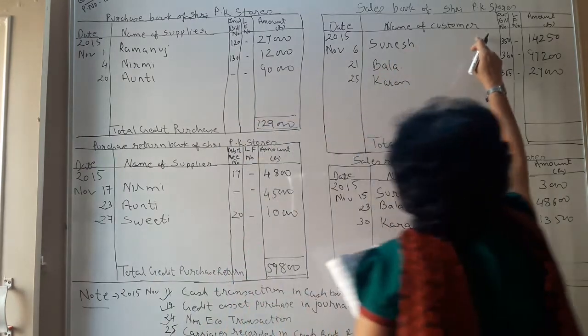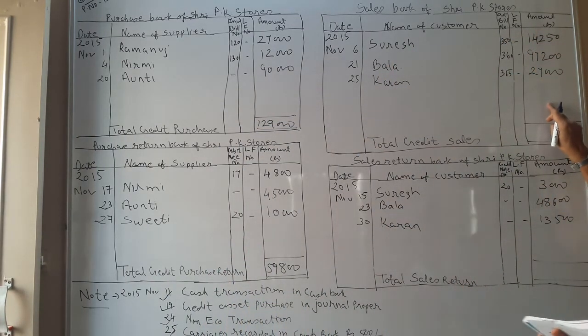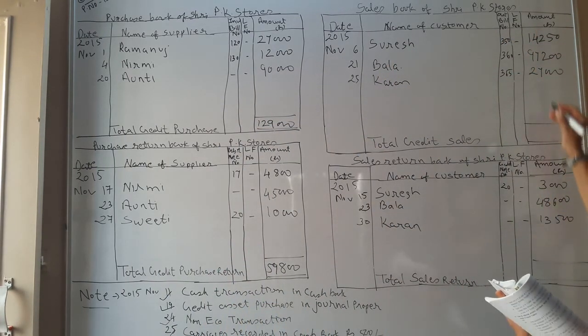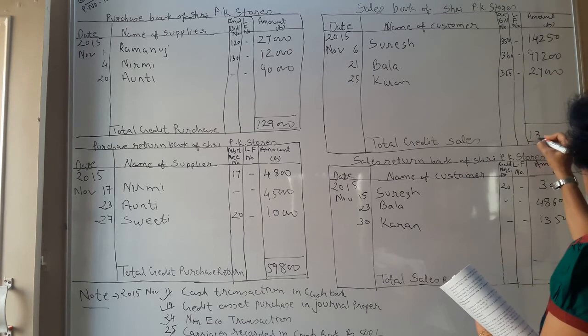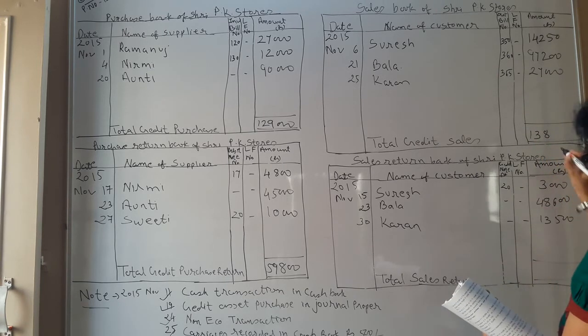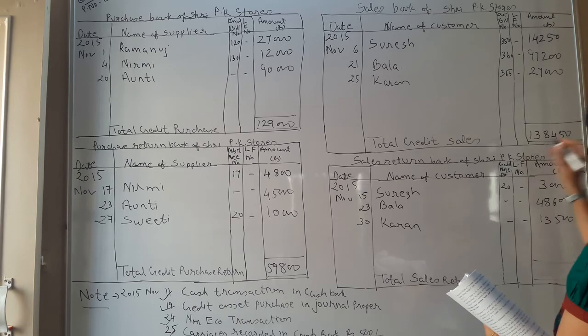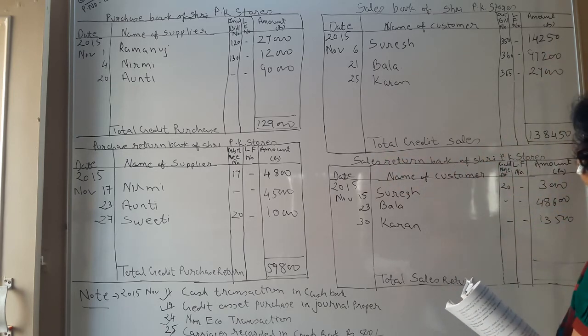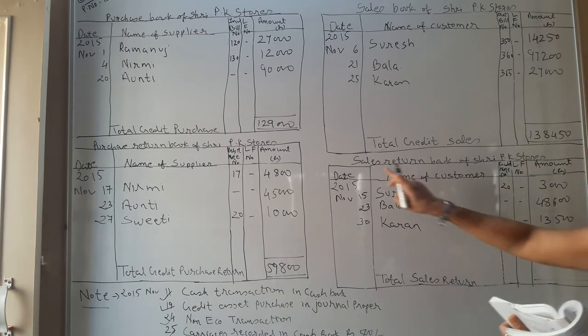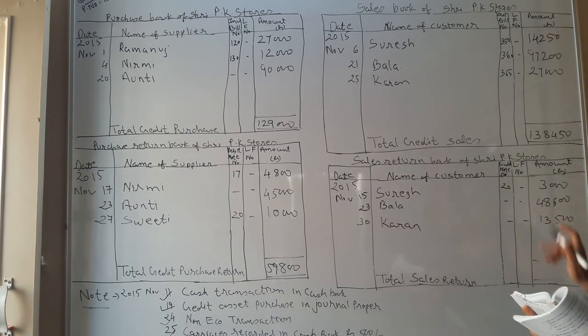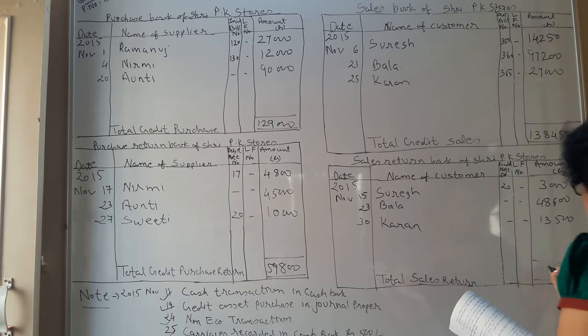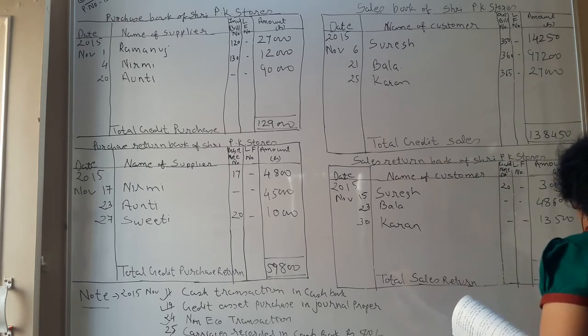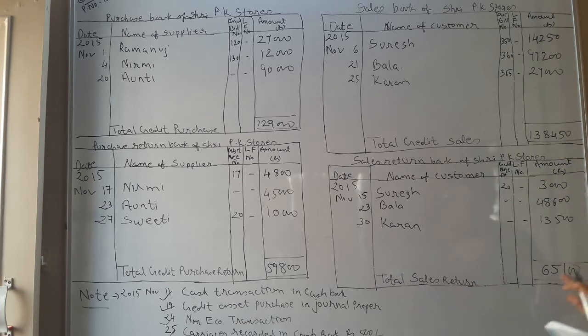Then the third book is the sales book. Your total is going to be 1,38,450, so this is your total credit sales. And the fourth book is the sales return book. The total is 65,100. So this is the total sales return.